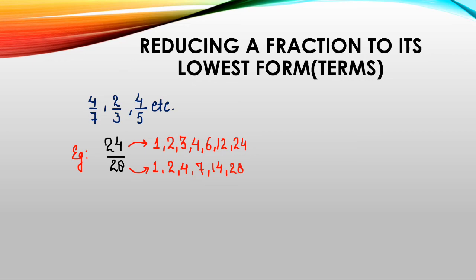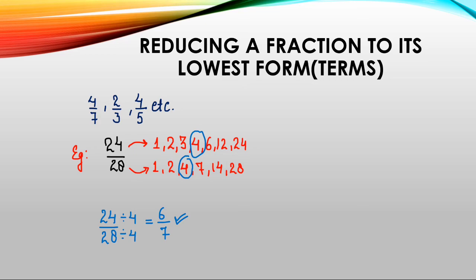Here we can see the highest common factor of both the numbers is 4. So we will divide 24 by 4 and 28 by 4. So 24 divided by 4 is 6 and 28 divided by 4 is 7. So 6 upon 7 is the lowest form of this fraction.